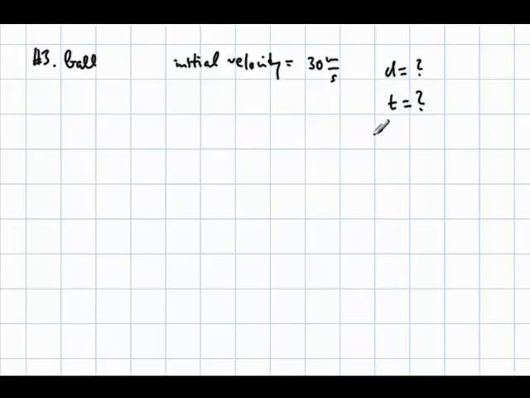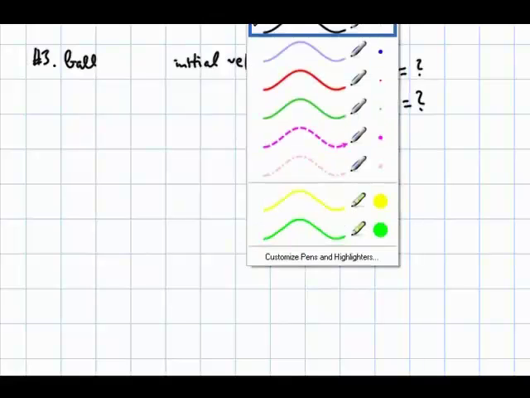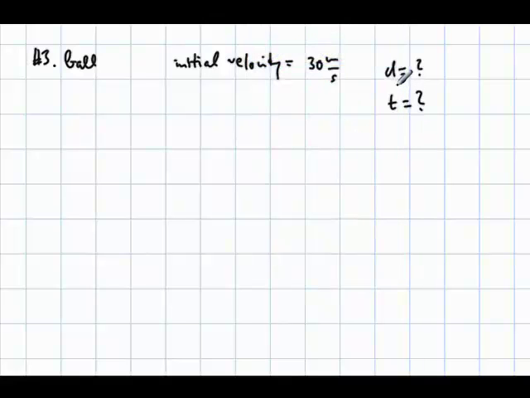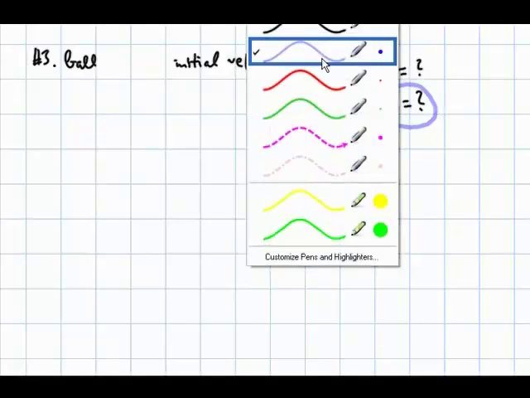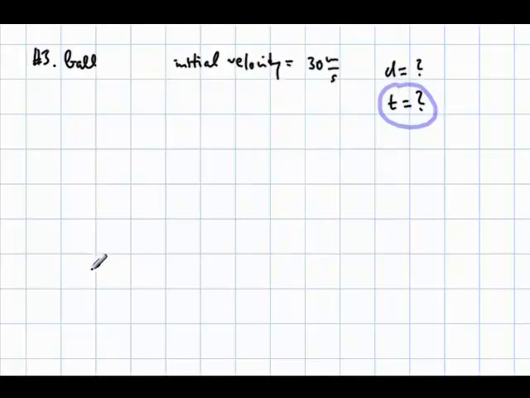Now all the equations we came across actually involve time. Since I don't know time yet, I cannot calculate what the distance is yet, which means that I actually will determine what the time is first. So let's do that. So here's the ball that is being thrown straight up at 30 meters per second.